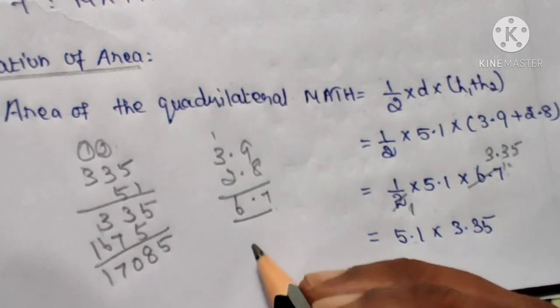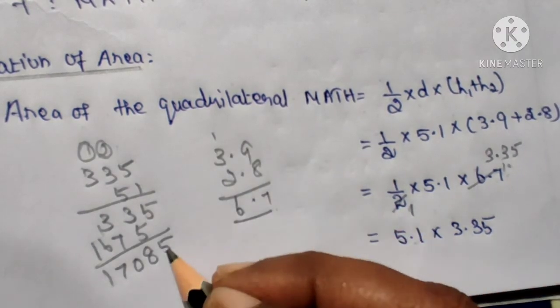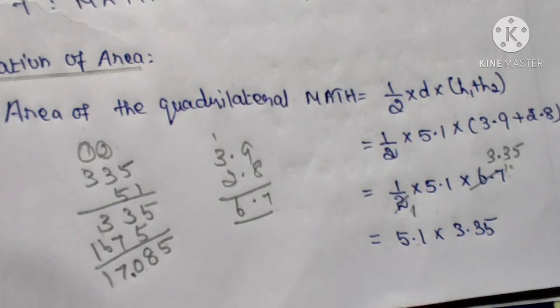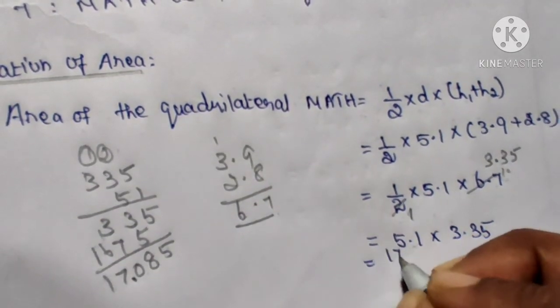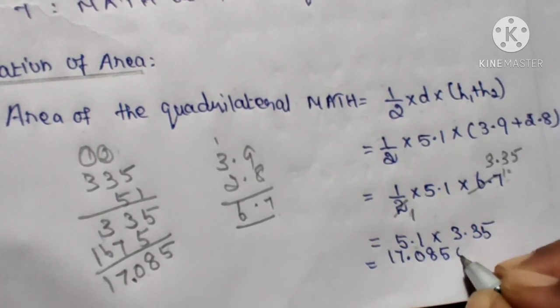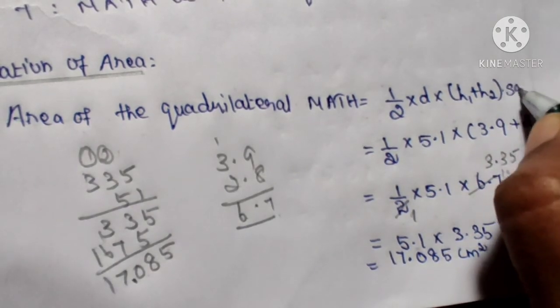So how many digits before you take the point? Here 2 digits, here 1 digit. So totally 3 digits before you take the point. So the answer is 17.085. The unit is centimeters square. Here also you write square units.